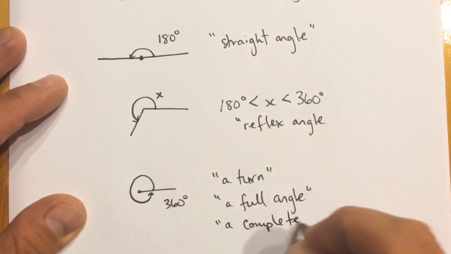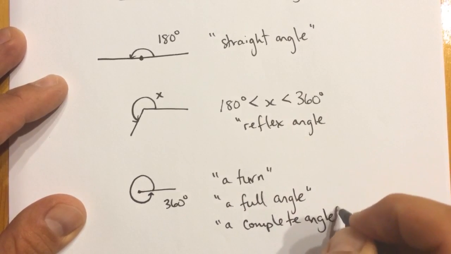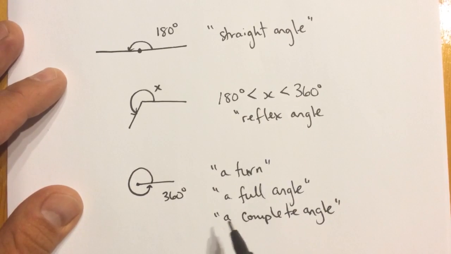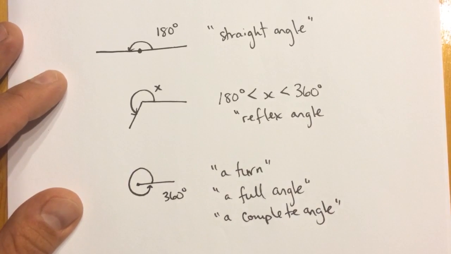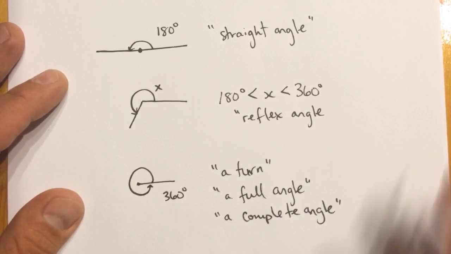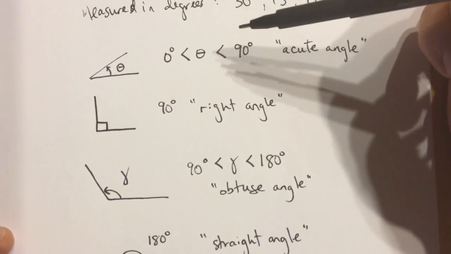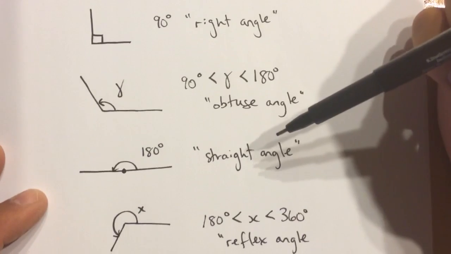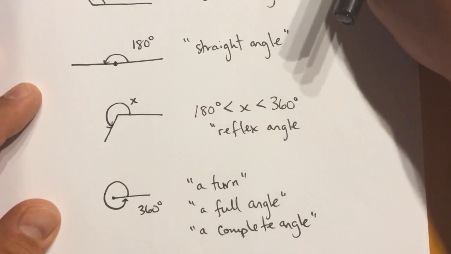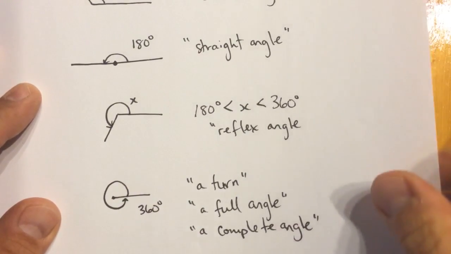Any of those are fine. We don't actually use that one too much, and sometimes we just say that that's a full circle. Okay, so those are the terms. Again, you're probably most familiar with the ones at the top here: acute, right, obtuse, and maybe straight. And these last two, reflex, and then the full angle, are most likely new.